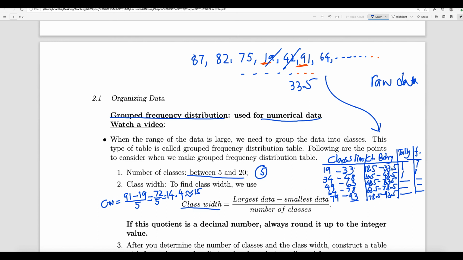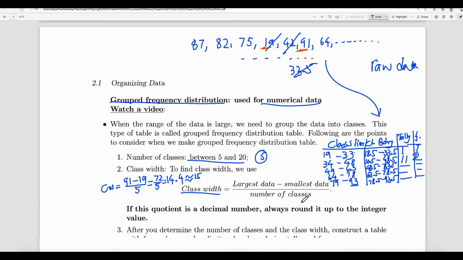So 33.5 will be counted here. 48.5 will be counted in this class, okay? So if there is a data point that is 33.5, that will be counted like 1, 1. So it will be 2 here because we have 42 and 33.5, right? So that will be counted in the second class, all right? So the upper boundary of the classes will be counted in the next class.